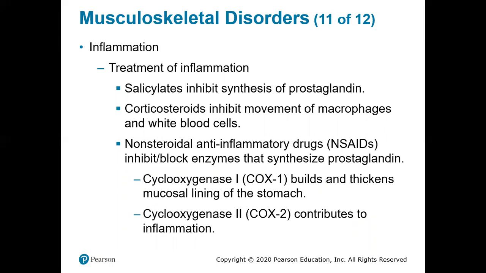So treatment of inflammation, we are on page 428 now, would include salicylates, which inhibit synthesis of prostaglandin, corticosteroids, which inhibit movement of macrophages and white blood cells, non-steroidal anti-inflammatory drugs, commonly referred to as NSAIDs, which inhibit or block enzymes that synthesize prostaglandin.